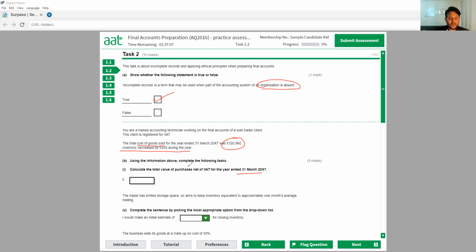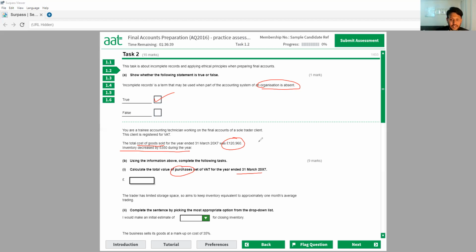It's quite simple, because if the inventory is decreased by 550, that means I purchased less. If my inventory is more, that means I bought more. For example, if I have 10 pens and I buy 2 extra, it will be 12 pens. So if I buy more, the inventory stock will be more, and if the inventory is reduced, that means the purchase is less.